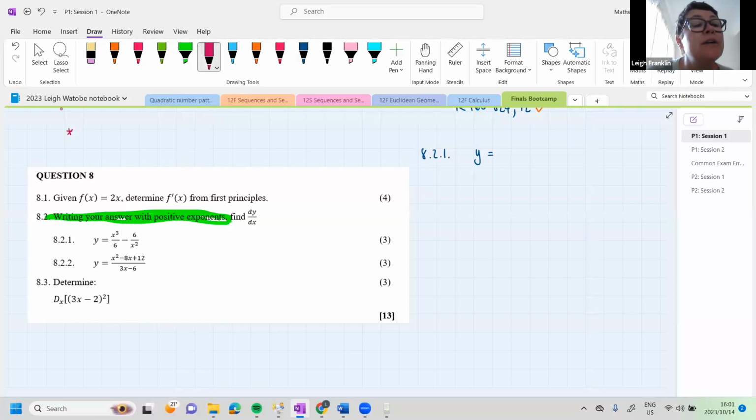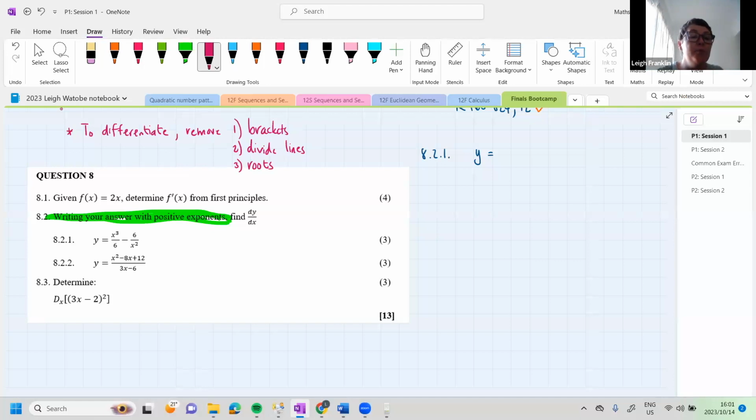So the first thing is that to differentiate, you have to remove brackets, divide lines, and thirdly, any roots, if they give you any.